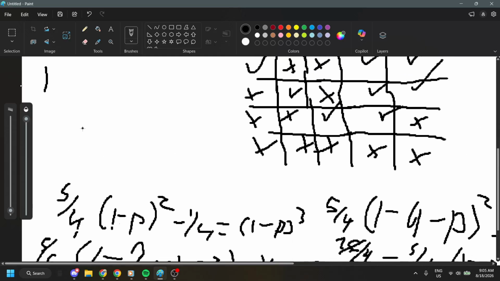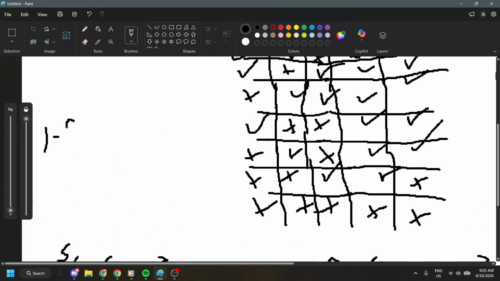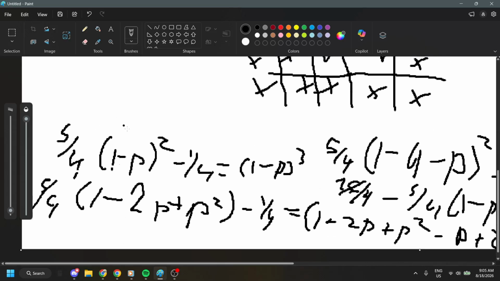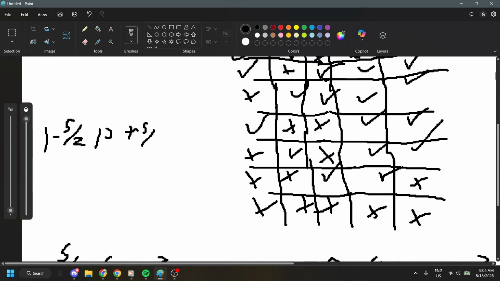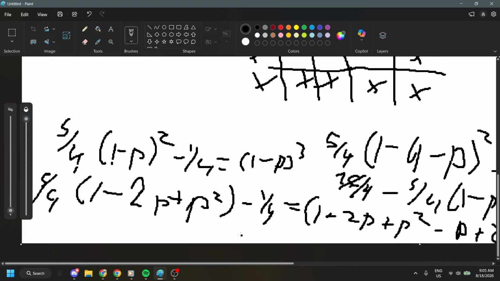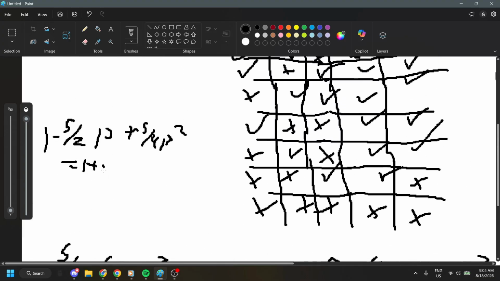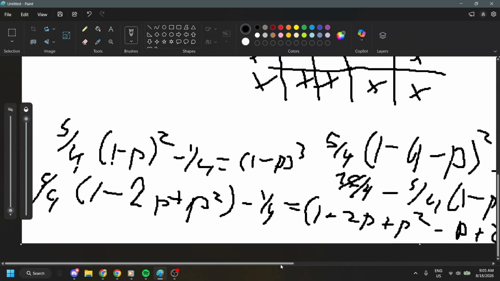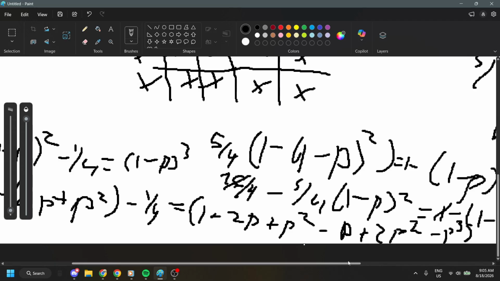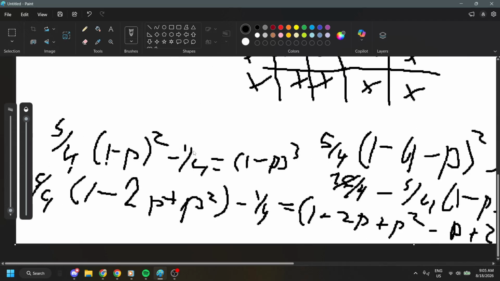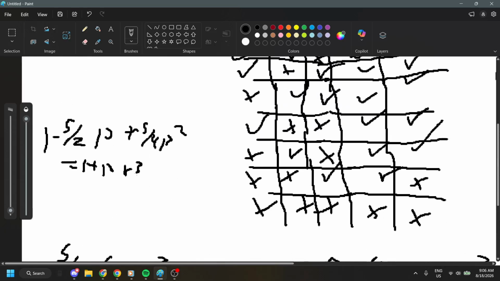Then this we get minus 5/2 p plus 5/4 p squared is equal to 1 minus 3p plus 3p squared minus p cubed. As we see, these cancel out, and then we can divide by p.